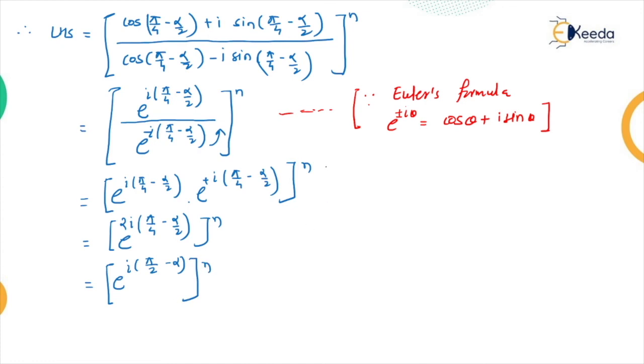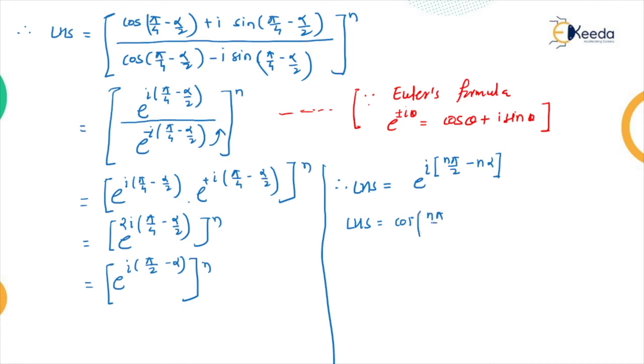Now LHS is equal to e to the power i times (n pi/2 minus n alpha), because by the indices property n multiplies the bracket. Using Euler's formula again, LHS is equal to cos of (n pi/2 minus n alpha) plus i sine of (n pi/2 minus n alpha).